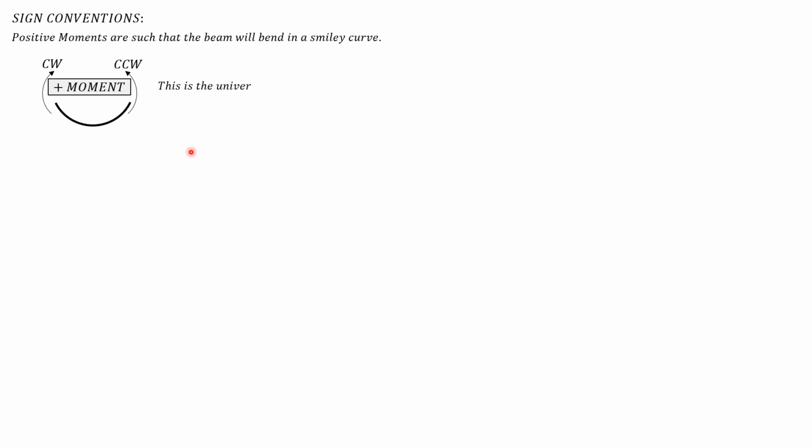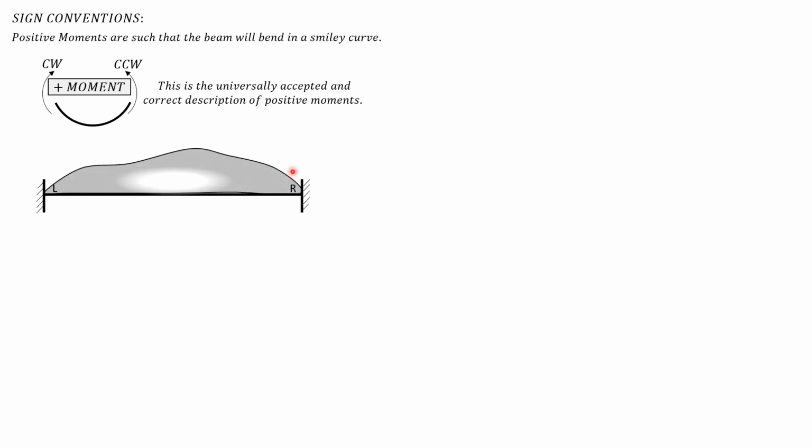So this is the universally accepted sign convention for all cases, the universally accepted and correct description of positive moments. Now, what's the effect of the load? In general, for loading not due to a couple, because a couple might change, we assume clockwise at both ends.